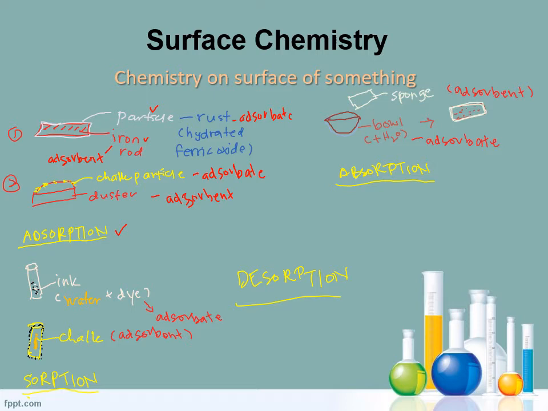We also have absorption. You can see the difference here: absorption and adsorption. This is AD and this is AB. So what is absorption? For example, we have a bowl that contains water and we have a sponge. When we dip the sponge in the water, what happened? The sponge will absorb the water. So this is called absorption.